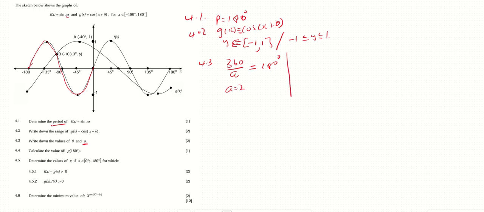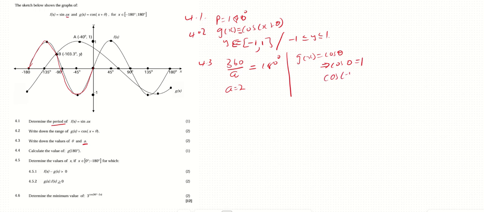To get θ, let's check how the graph shifted. Look at the given coordinate, (-40; 1). So let's check where we find cos = 1. If we get cos = 1 on the original graph, we're going to bring it back here. So let's consider g(x) was just cos x. We know that cos 0 will give us 1. So if cos 0 is 1, now where is that 1?